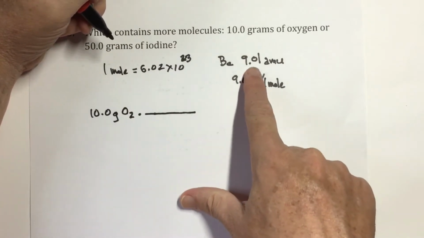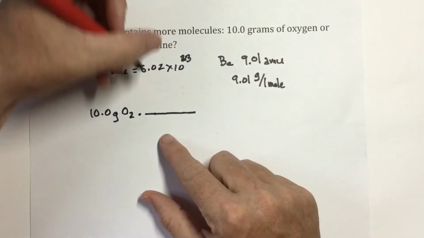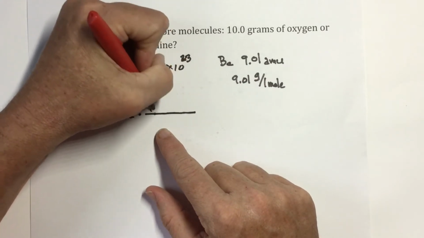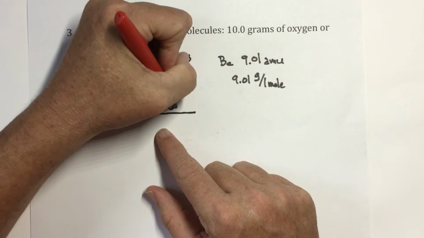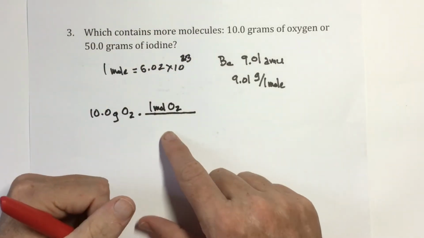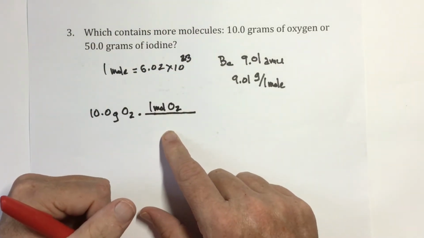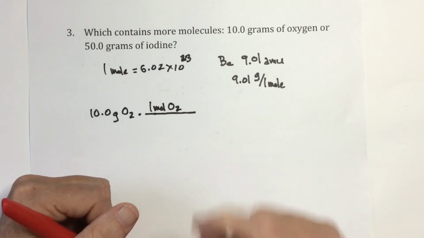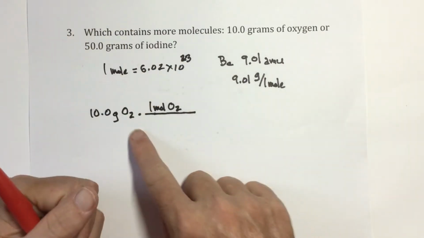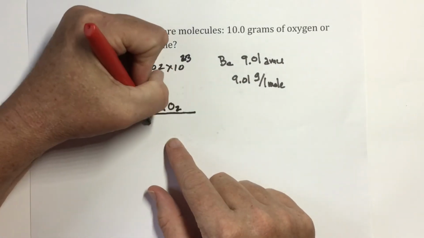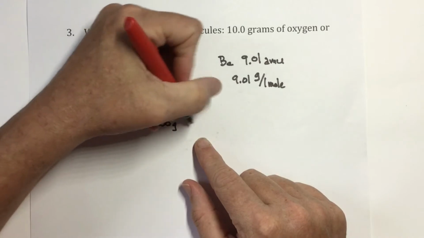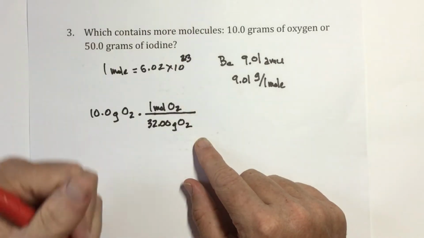And I know, because of the atomic mass, that 1 mole of O2 should be equal in grams to the atomic mass of O2. And the atomic mass of oxygen is 16, so the atomic mass of O2 would be 32.00 grams of O2.